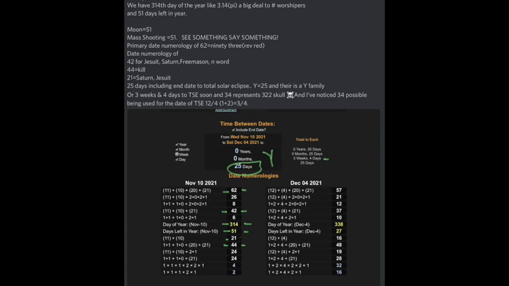So 12/4 is also like 3/4 to them, 34. Skull and Bones represents 3, 2, 2, 3, 2 plus 2, or even 32 can represent Skull and Bones with the repetition rule in 32. So I've noticed that big time.